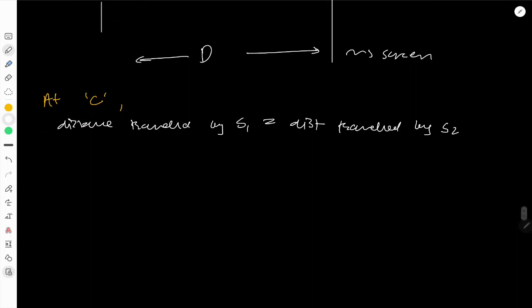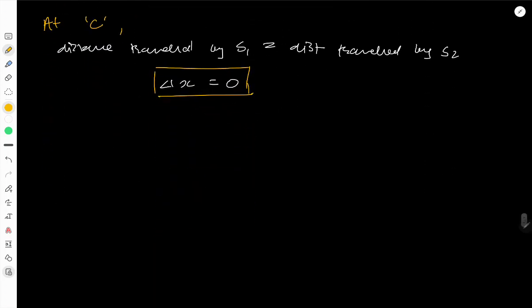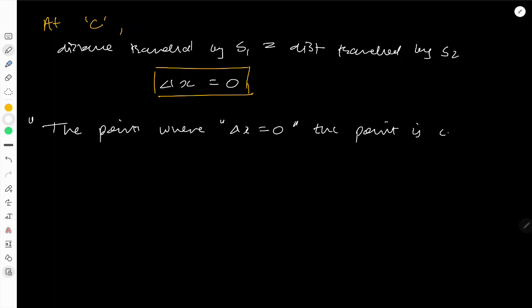That means both have travelled the same distance, so their path difference is equal to 0. So in this case, the path difference is 0. So we define the point where the path difference of both the waves is equal to 0 as the central bright.